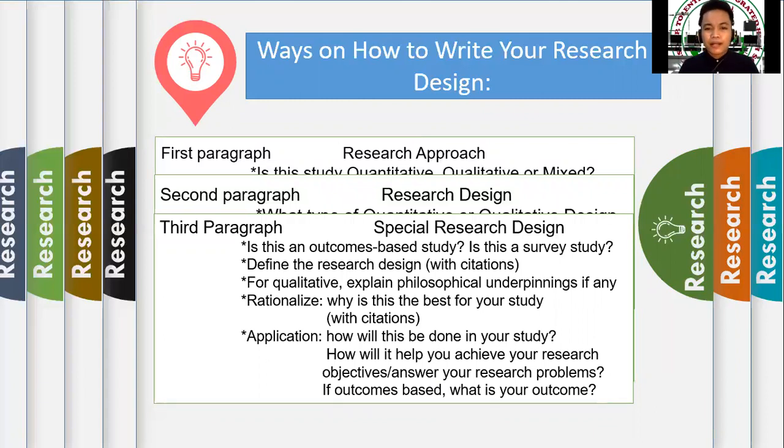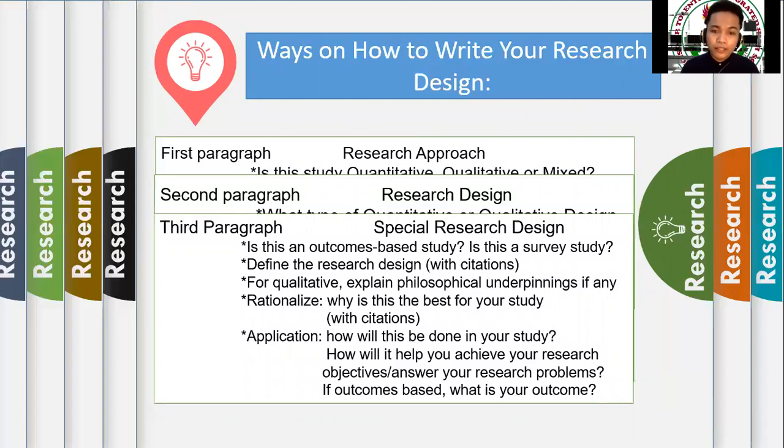In this third paragraph, it includes the following questions. Is this an outcome-based study? If this is an outcome-based study, what kind of research design is possible and appropriate to use? If this is a survey study, what kind of research design should you use? And then at the end of the day, again, you really have to define the kind of research design you're going to employ.